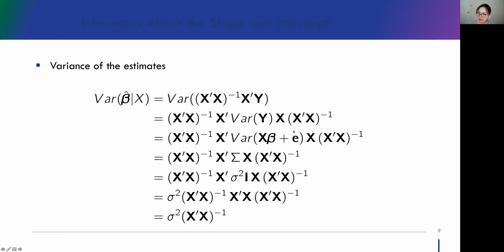And only this error e is a random quantity. So we have its variance, which we use sigma to represent the variance of error. Well, what is the sigma? We said the errors are independent, and they all have equal variance being sigma square.